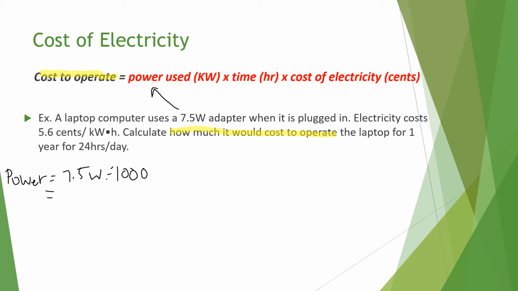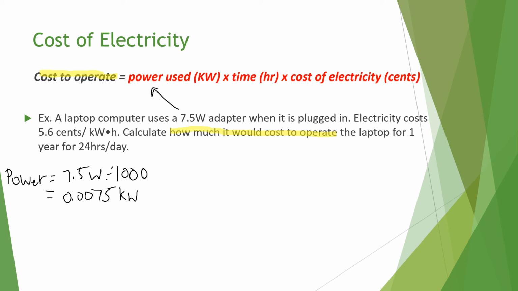If you take 7.5 and divide by 1,000, we'll get 0.0075 kilowatts. Okay, so sometimes you have to do that conversion. If the question gave you power in kilowatts, then you're good to go, but in this case it was watts, so we had to convert.